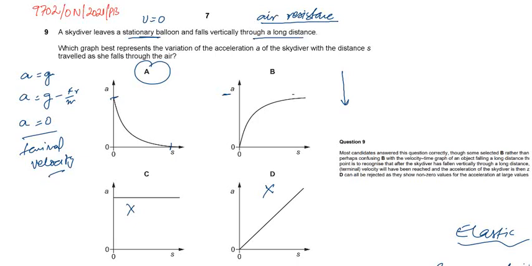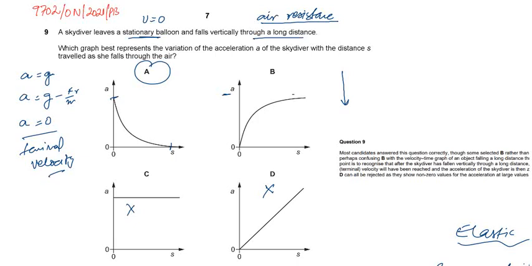They thought that this is a case of terminal velocity, and they marked B, considering the fact that the acceleration is gradually decreasing to zero. So this is not the actual case.